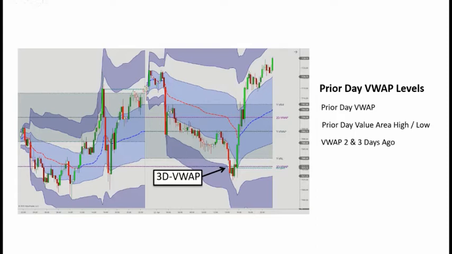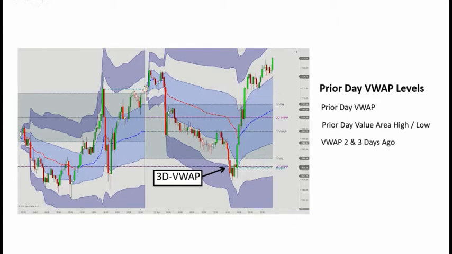And then again at the open, we shot through here the current day VWAP and the prior day VWAP up to a test of resistance here at the VWAP 2 days ago and the value area high before the move continued, as we see here.